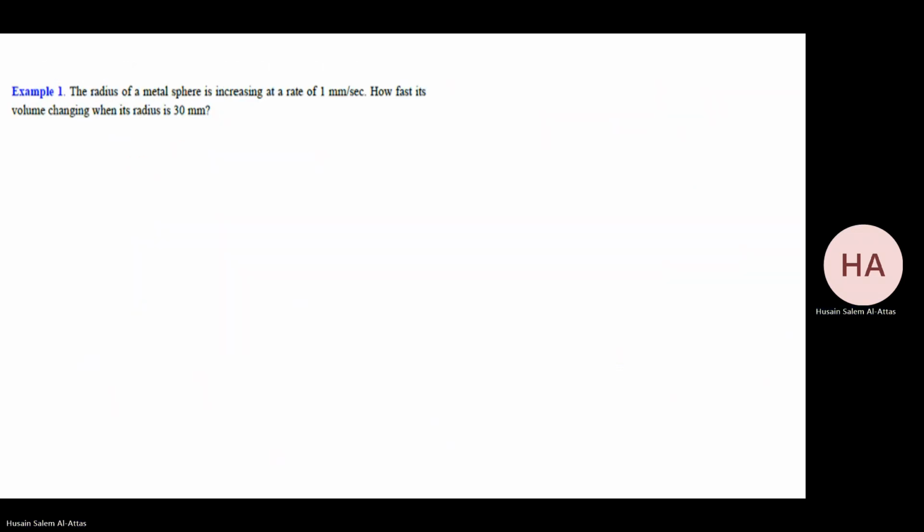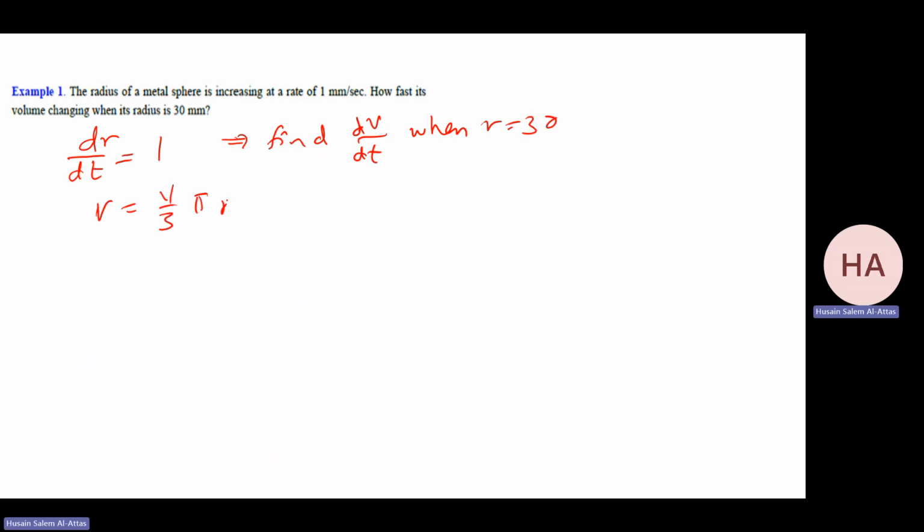Okay. The radius of a sphere is increasing at this rate, 1 millimeter per second. Find dV by dt when r equals 30. I know V equals 4 over 3 pi r cubed. That implies dV by dt equals 4 pi r squared dr by dt. Just plug the numbers.